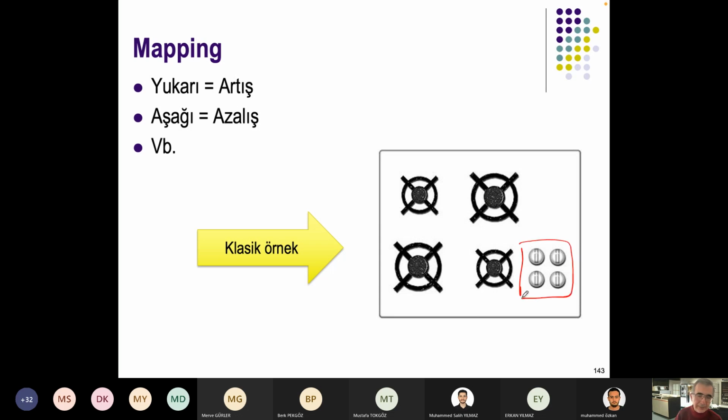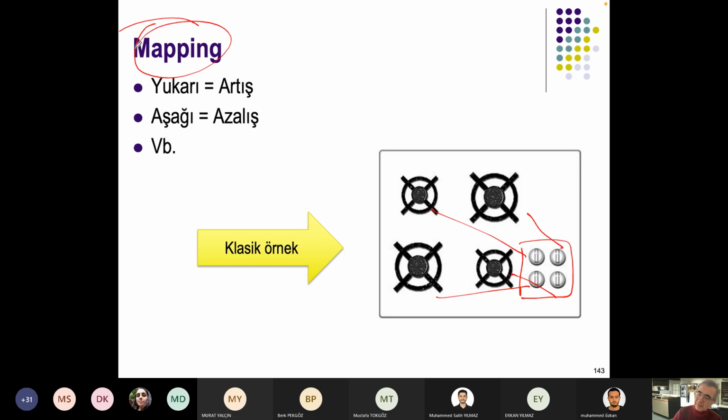Technically it is more costly, but there is no issue about mixing which one is which, and there is no need to put visual instructions. Okay. This is what we call mapping.